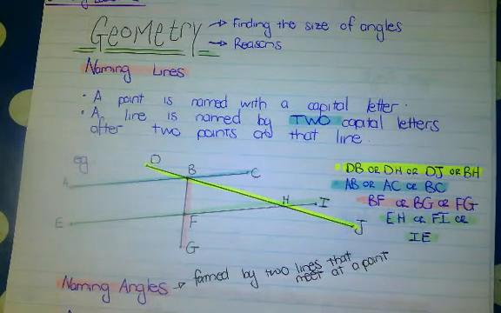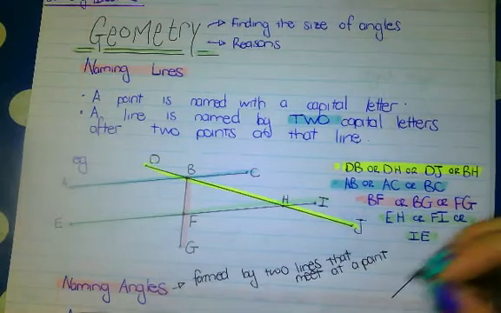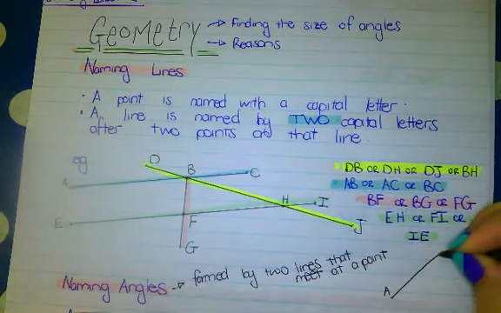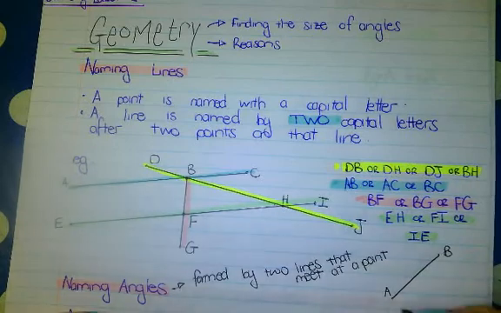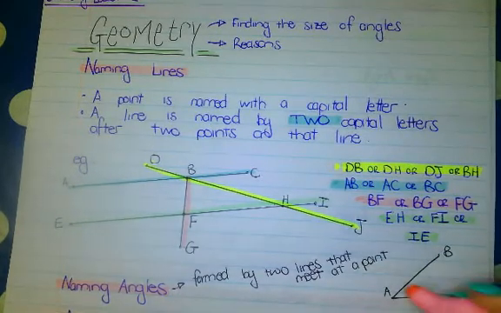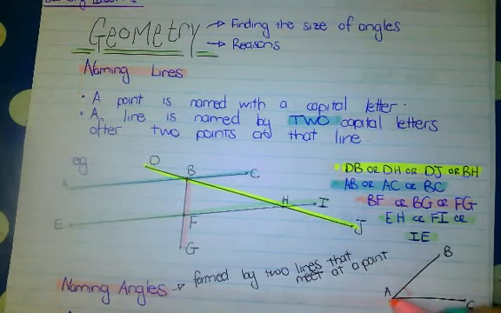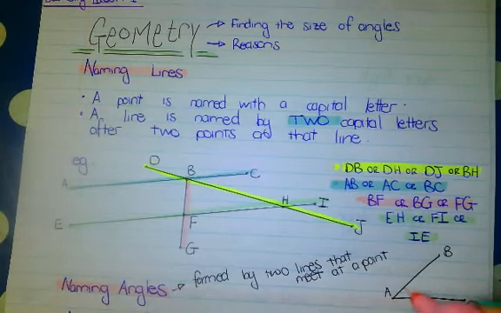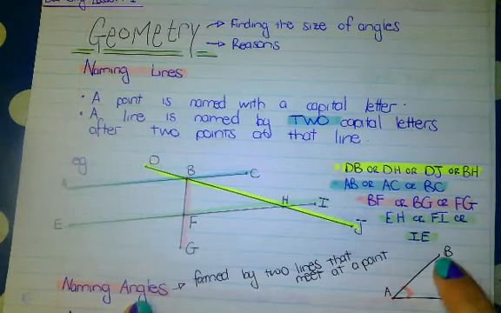If I had line AB, and that met line AC, then here would our angle be. Okay, so we've got line AB and line AC meeting there at that point A, and they form an angle here at A.